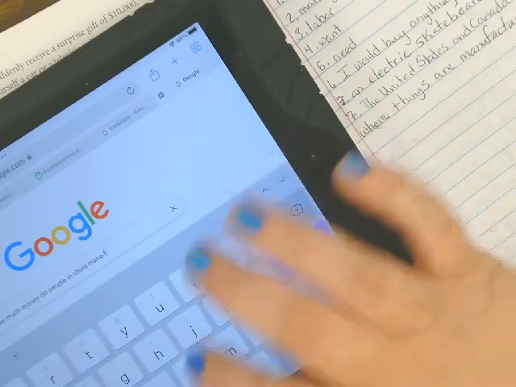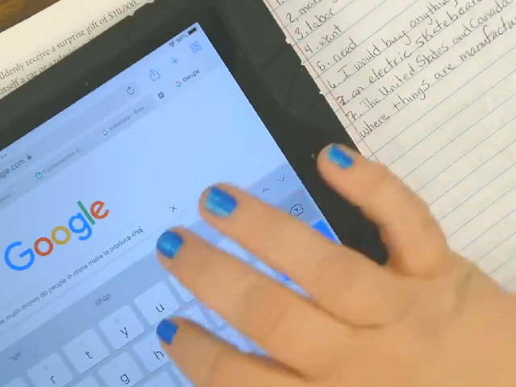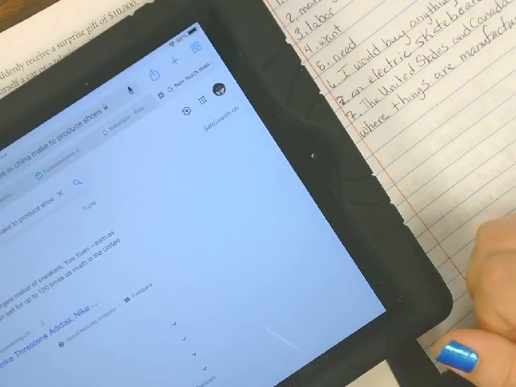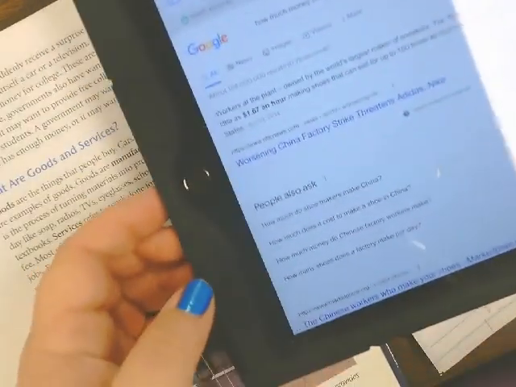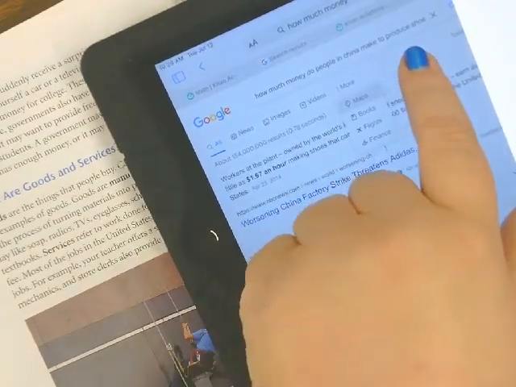We can leave that. I can find it. You got it? So I asked Google, how much money do people in China make to produce shoes? How much money do they make to produce a shoe?